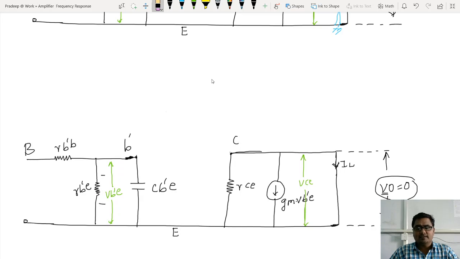It means the resistor and the capacitor, let me put a dotted line here, or one capacitor that I have to connect here.